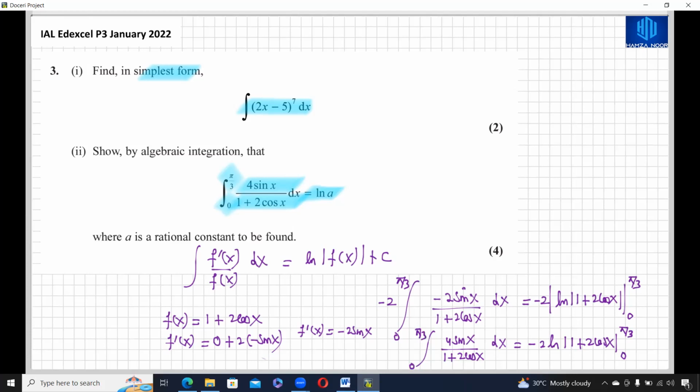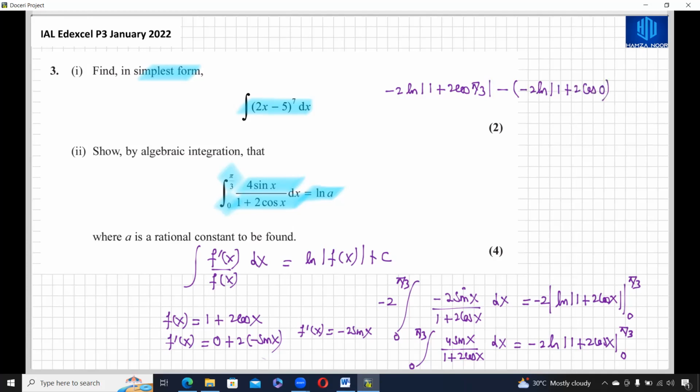Now what we need to do is put the upper limit and the lower limit respectively. So I'm going to continue the working on the top. All right. So minus 2 multiplied by ln modulus of 1 plus 2 cos pi over 3. And then you have a subtraction sign. And then you will open a new bracket. And here we will write minus 2 multiplied by ln modulus of 1 plus 2 cos 0.